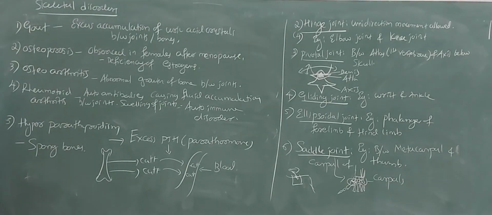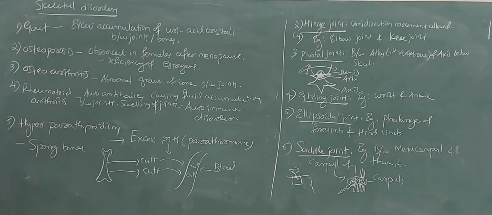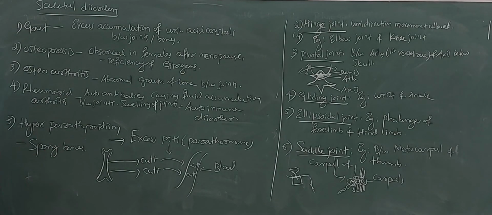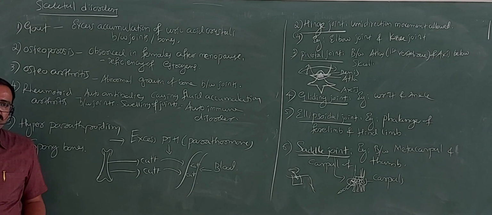A hypercalcemic condition is caused by the presence of excess PTH, which causes spongy bone, or cavities forming in the bones. So these are a few important disorders related to the skeletal system.